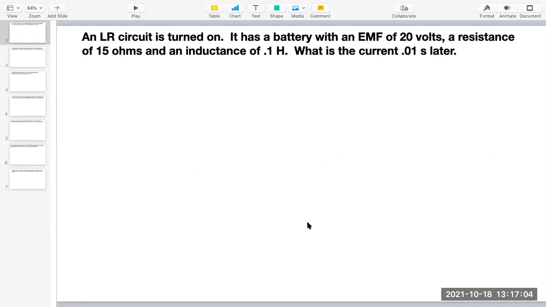And yeah, you could get that instead of the values of the resistance and the inductance.